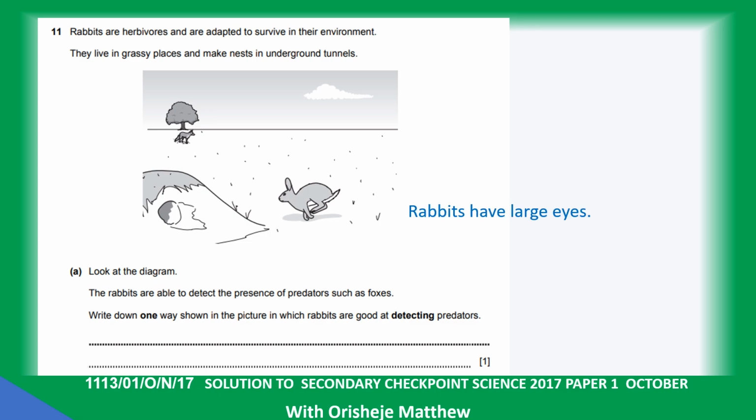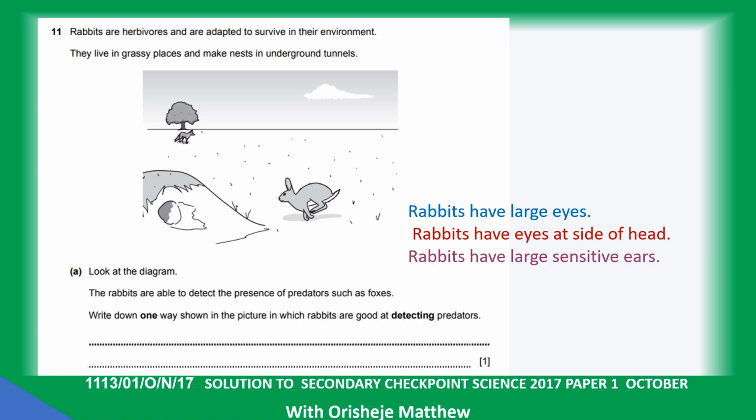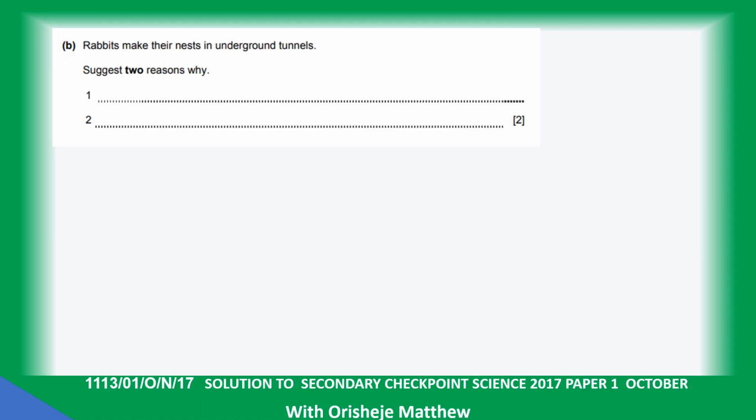Rabbits have large eyes. Rabbits have eyes at the sides of the head. Rabbits have large sensitive ears. Rabbits make their nests in underground tunnels. Suggest two reasons why.